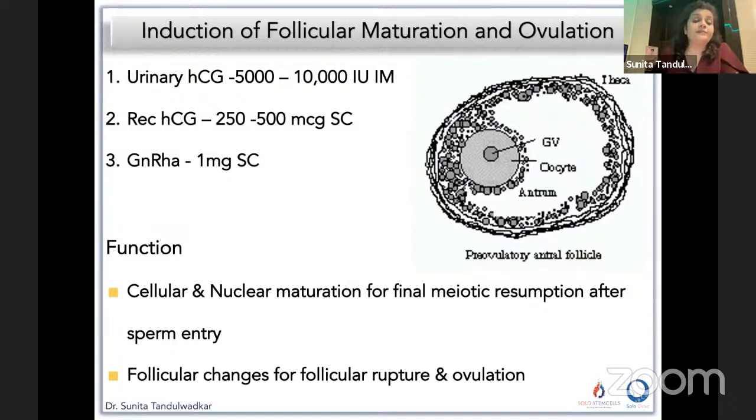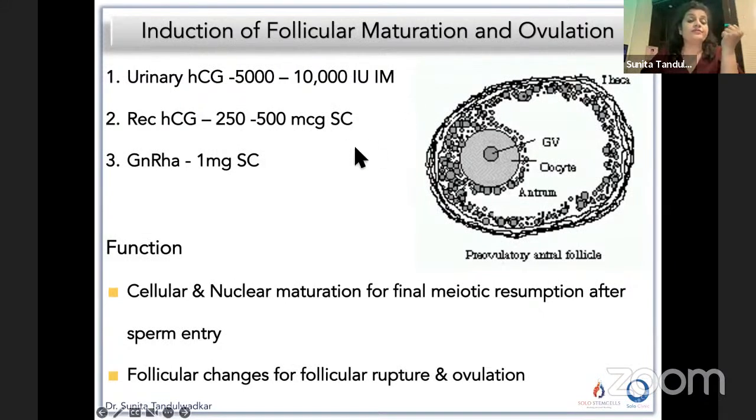But if the patient comes and I measure 17.5 and her rate of growth in the last 2 cycles of monitoring, I came to know is approximately 1.5 mm, today is 17.5 mm, I can prescribe the recombinant HCG and I send her back home. Okay, tomorrow around the same time, you take the trigger. I don't have to monitor. So sometimes you can intelligently utilize your time and the patient's visit just by your experience and by your own monitoring.